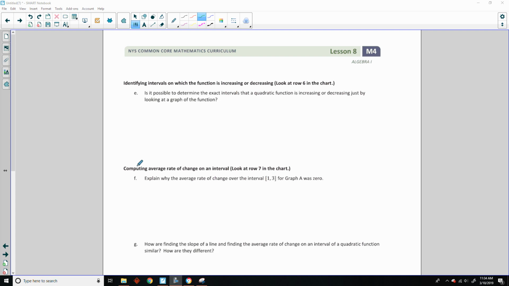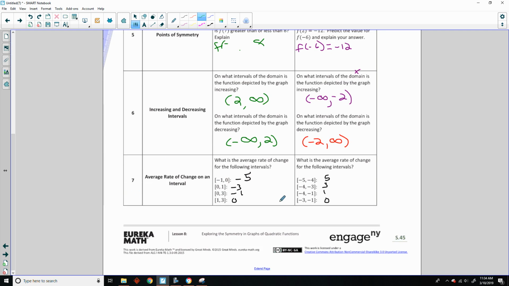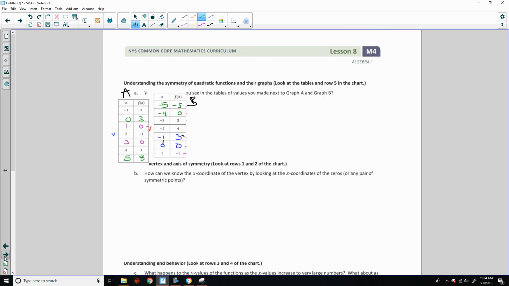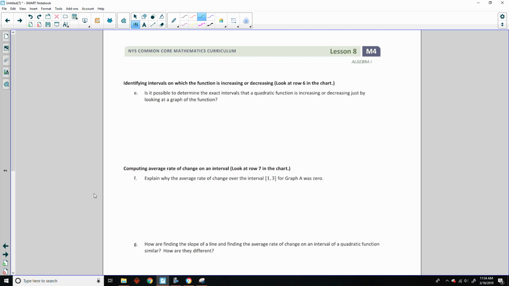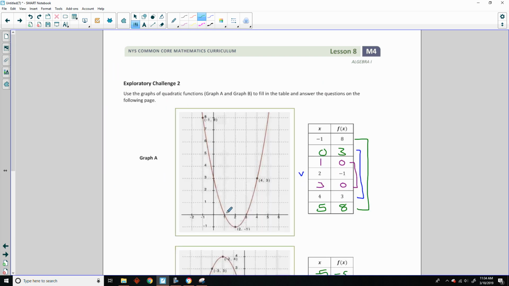Computing average rate of change on an interval. Look at row 7 in the chart. I really don't like going back and forth like this, but anyway, here's row 7 in the chart, average rate of change. Explain why the average rate of change over the interval 1 to 3 of graph A was 0. Well, graph A was here, interval from 1 to 3.